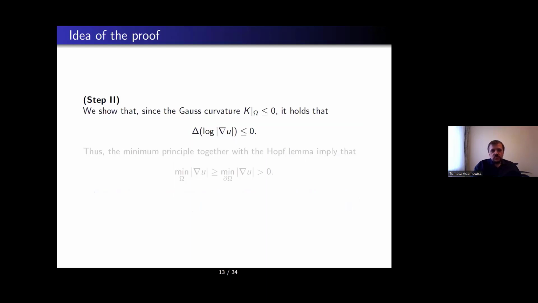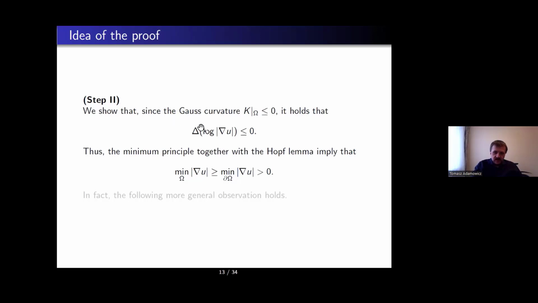Step 2 of the proof relies on the observation that if the Gaussian curvature K on the annulus is non-positive, then we may show that the logarithm of the magnitude of the gradient is a subharmonic function, which combined with the minimum principle and Hopf lemma allows us to infer that this minimum of the gradient is bigger than 0 also on the closure of the annulus.